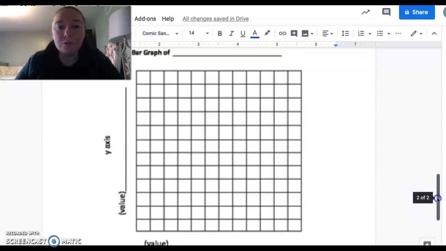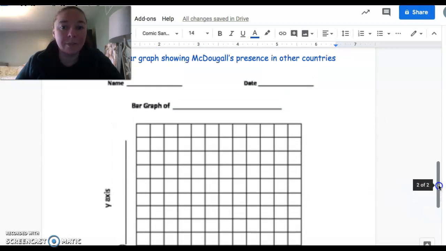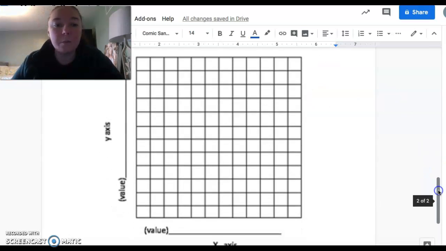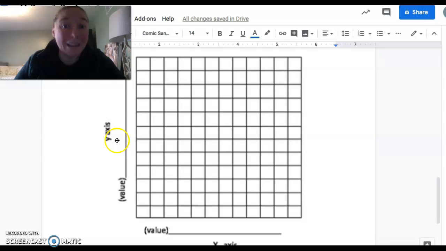So the first thing you should do is come up with a title, like McDougall's restaurants around the world, or McDougall's restaurants in different countries. Then we're going to be counting how many restaurants are in each country. And then each of these different columns here are going to end up being your different countries. So go ahead, again, pause this video, and fill out all the labels for your graph.